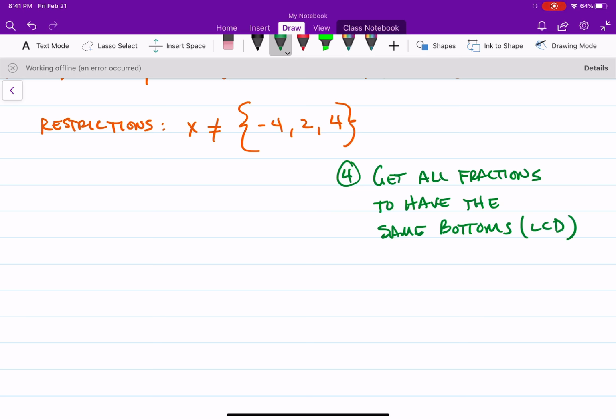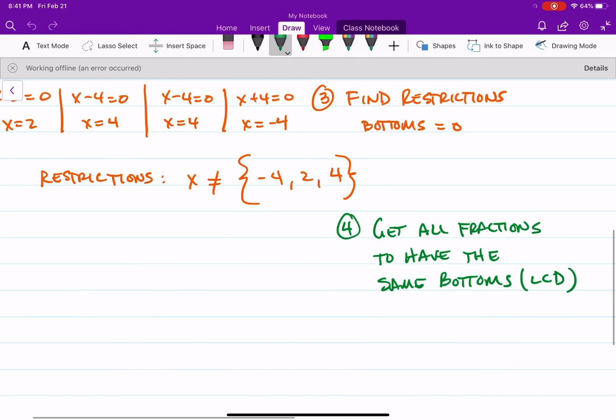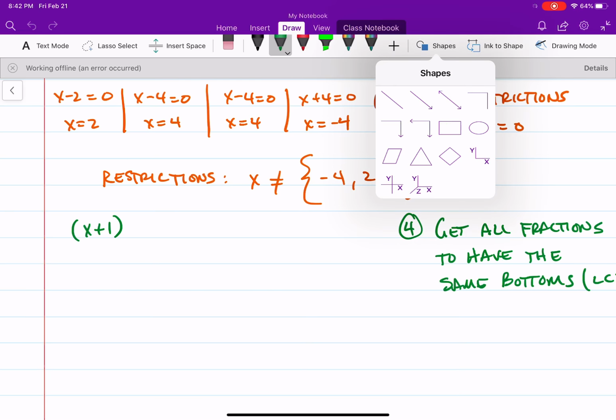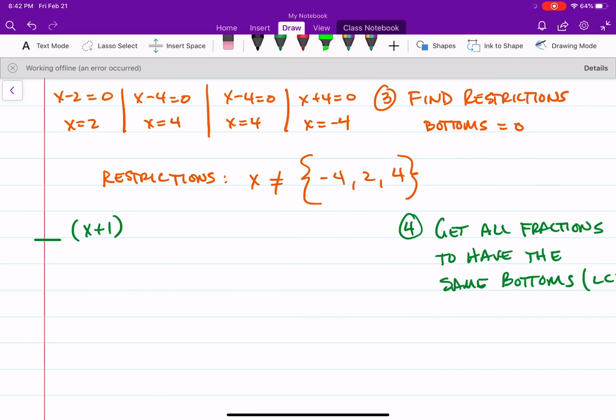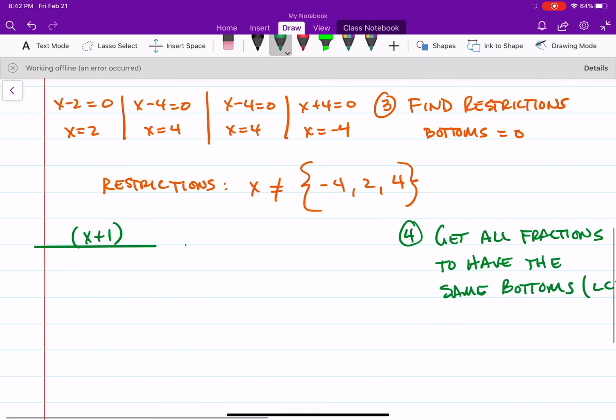All right, so here we go. So let me rewrite this problem here. We have x plus 1, minus 3.